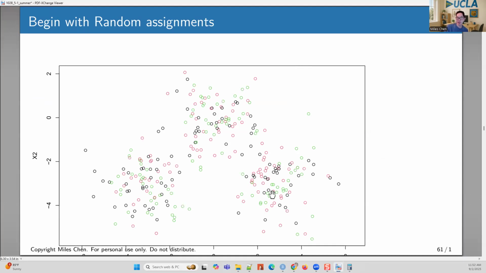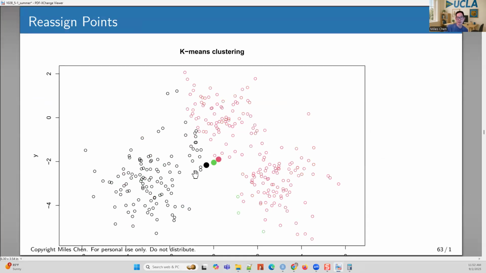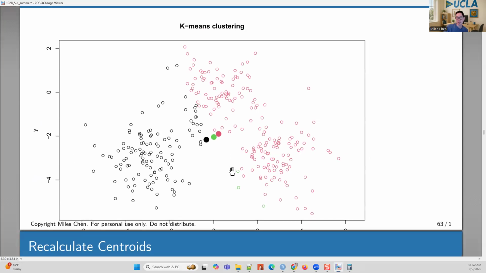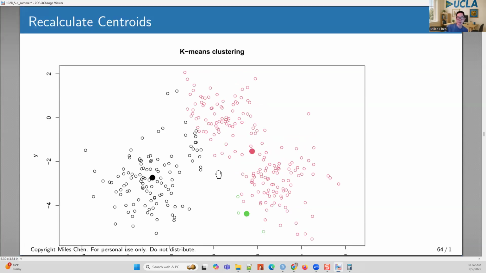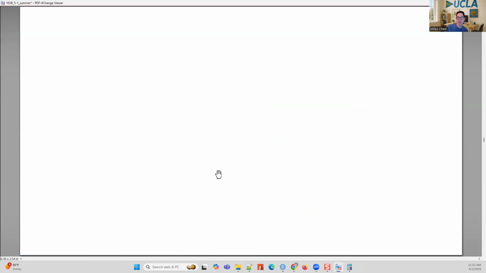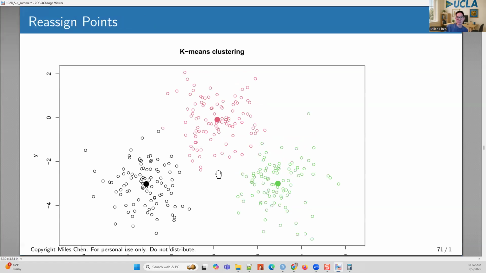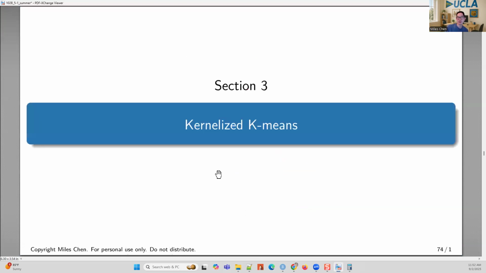Here I have 3 clusters, and we can search for 3 of these, and we have red, green, and black, and these are the ones that get assigned. There are only a few points assigned to green, but when you run each of these steps, eventually it does reach convergence.